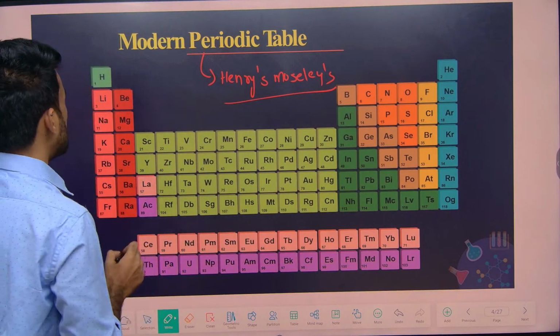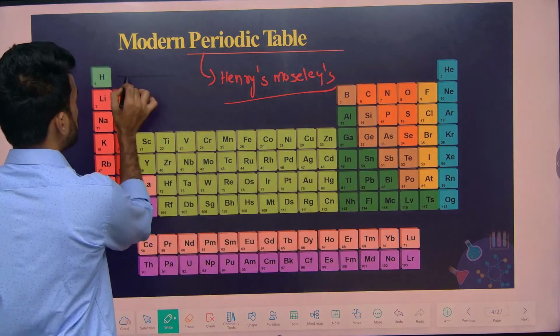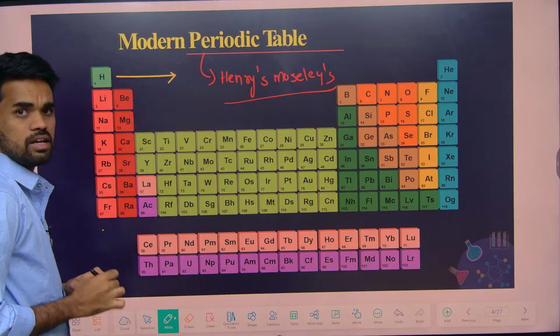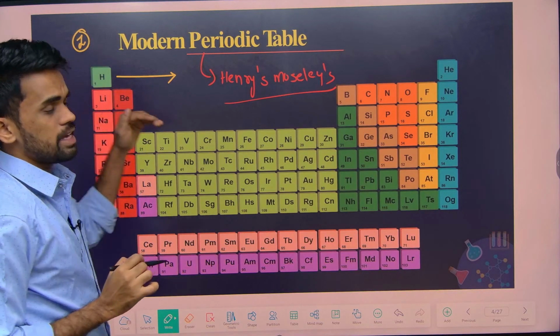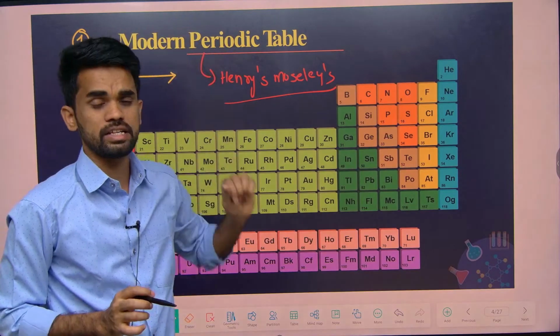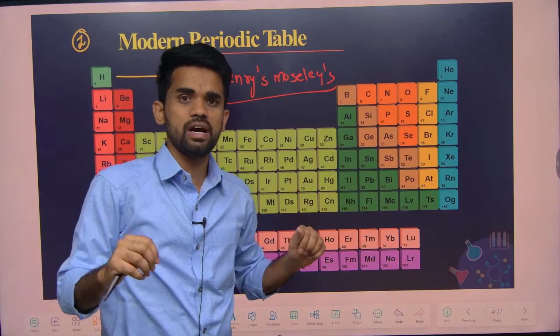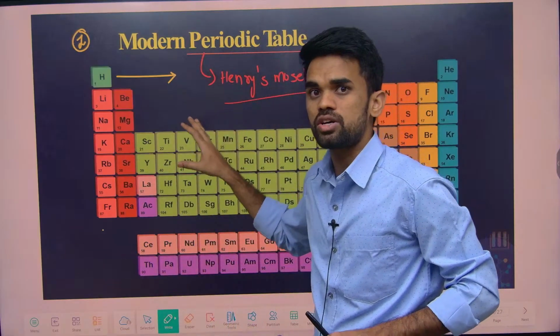He arranged the elements in the increasing order of atomic numbers, like atomic number 1, 2, 3, 4. Previously, all the elements we have seen were arranged in increasing order of atomic weights, but here it is based on atomic numbers.